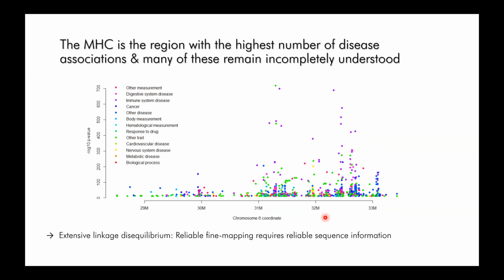If you have extensive linkage disequilibrium, pinpointing the causal alleles that underlie an association really requires reliable sequence information across the whole region. So basically what you need is to be able to resolve the complete region on a base-by-base basis. And as it turns out, and as we'll see on the next slide, that's not so easy.